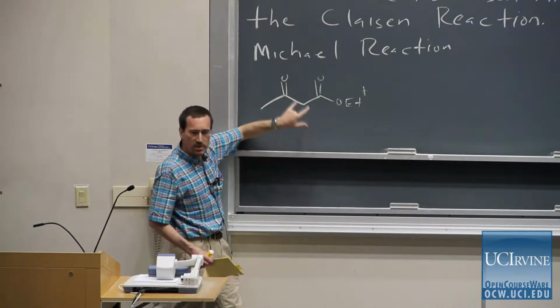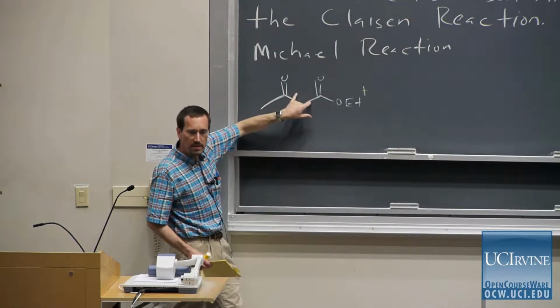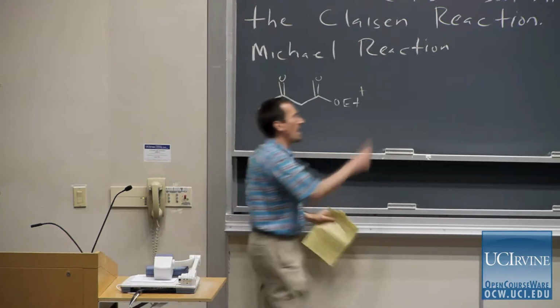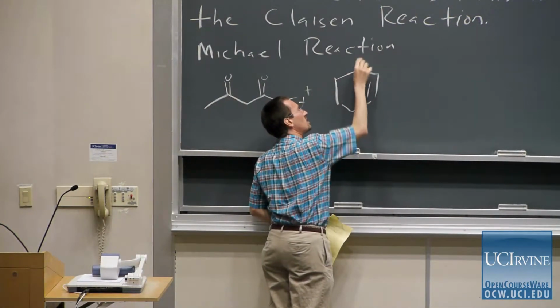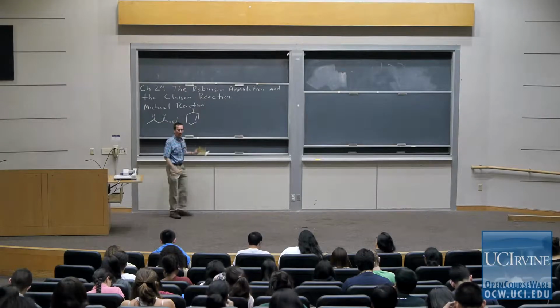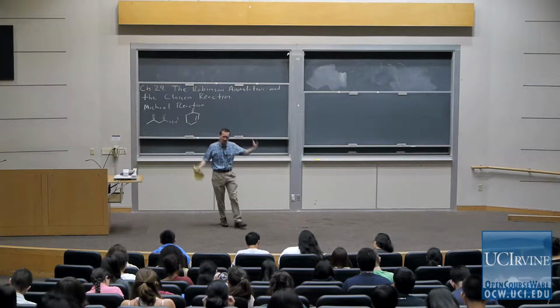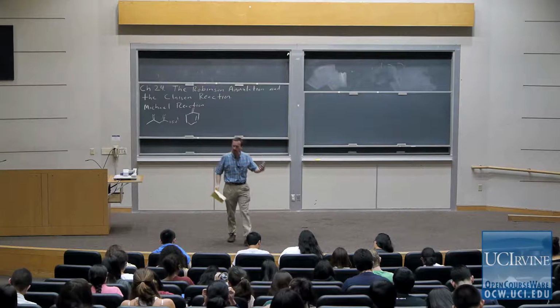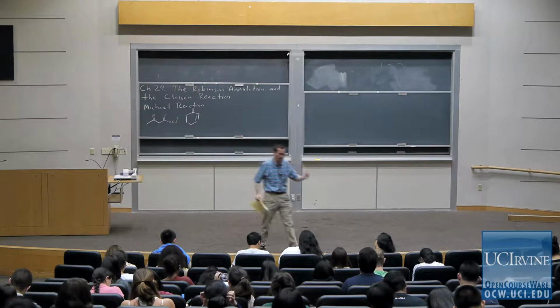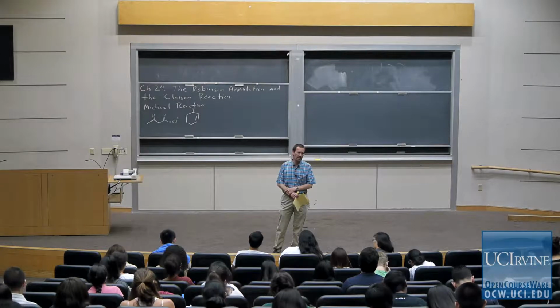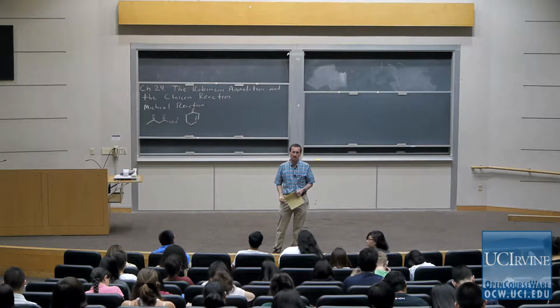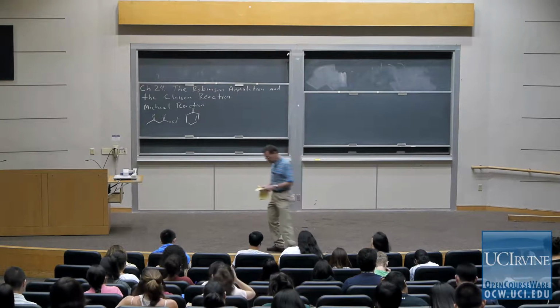So in a Michael addition, we generate an enolate, or generate a nucleophile of some sort, and we have an alpha-beta unsaturated carbonyl compound, very, very broadly defined: alpha-beta unsaturated ketone, alpha-beta unsaturated ester, even other things in the broad carboxylic acid family like an alpha-beta unsaturated nitrile.